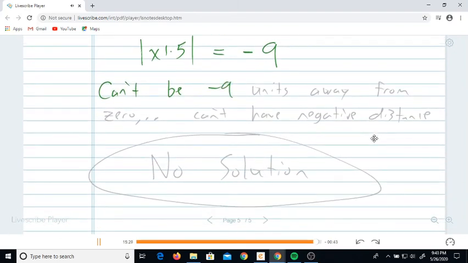You can't be negative 9 units away from 0. In other words, you can't have negative distance. Absolute value will always produce a positive value. So this is actually no solution. So just be wary there. Remember, absolute value will always produce positive numbers.